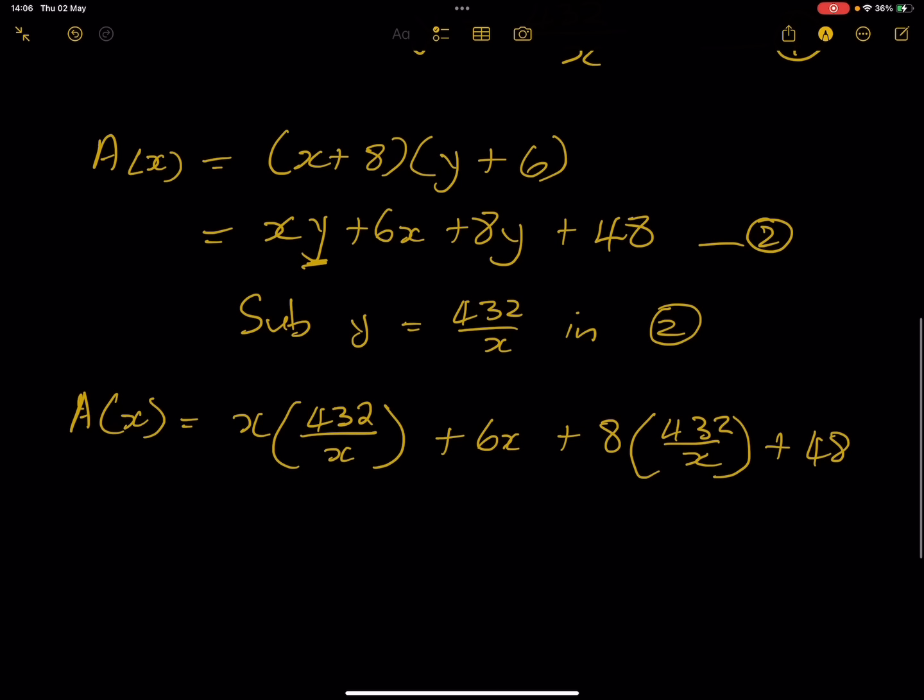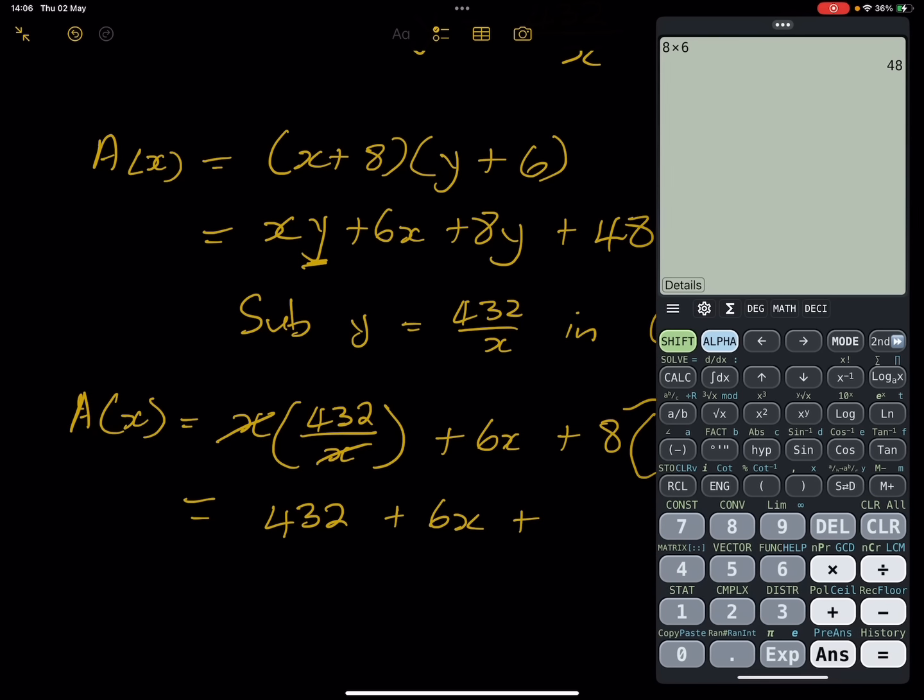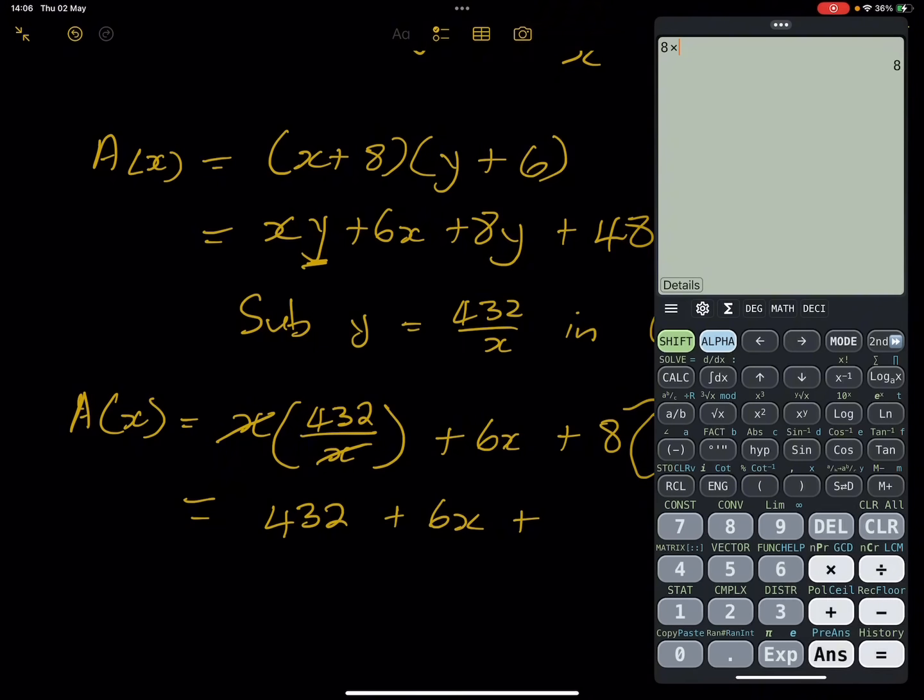All right, so ladies and gents, I'm sure you can see this and that cancels out. This gives me 432 plus 6x, 8 times 432. So that's 8 times 432 gives me 3,456.